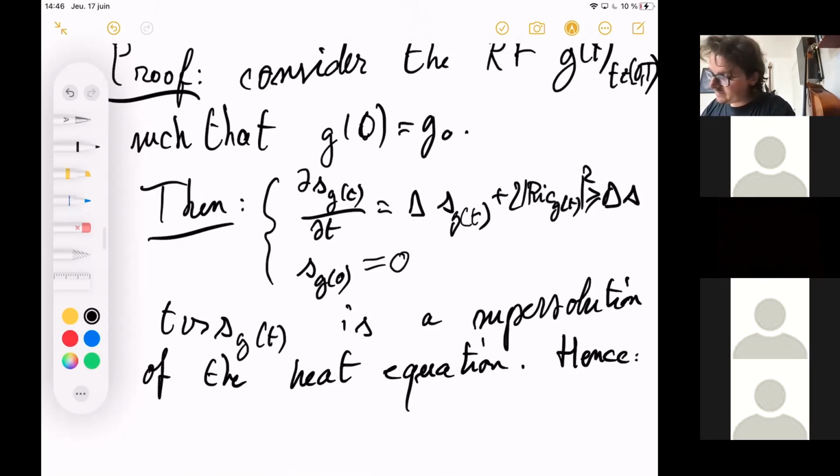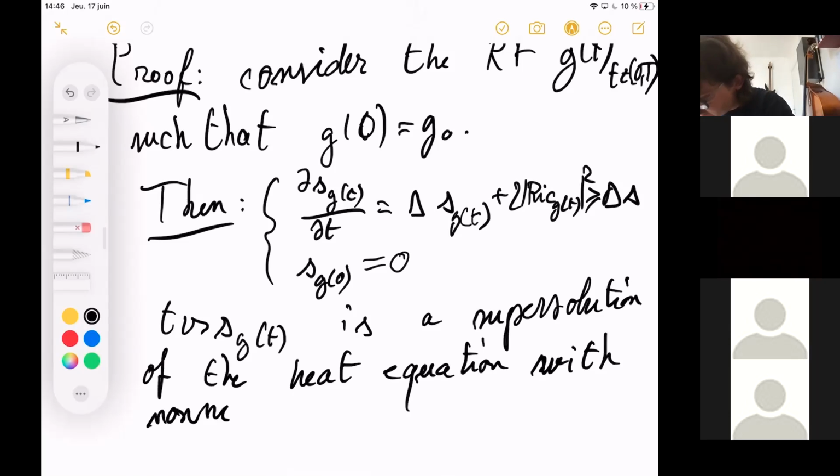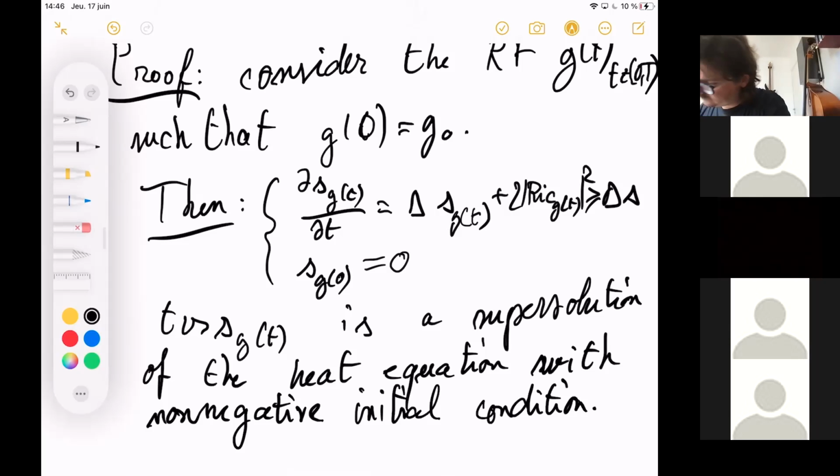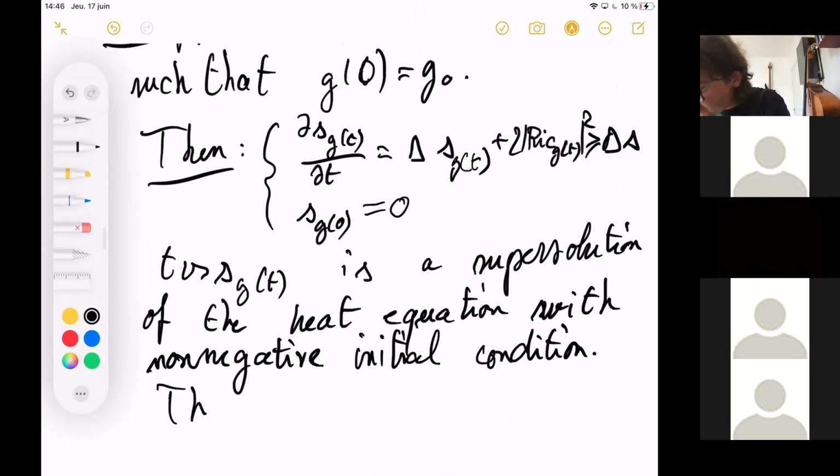Hence, we have an alternative of the heat equation, with non-negative, let's say, initial condition. And the proofs are the same as in R^n, more or less. You can look at the book of Chow and Knopf for a proof with a non-negative initial condition.